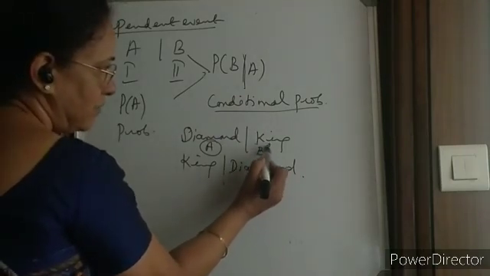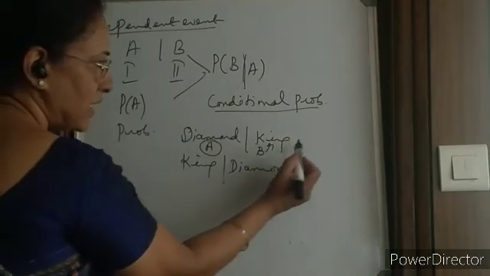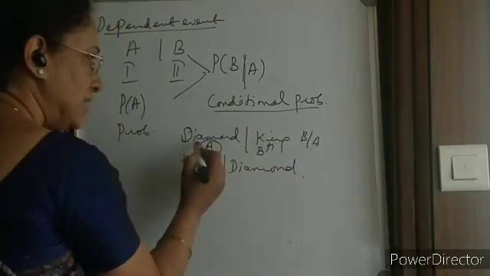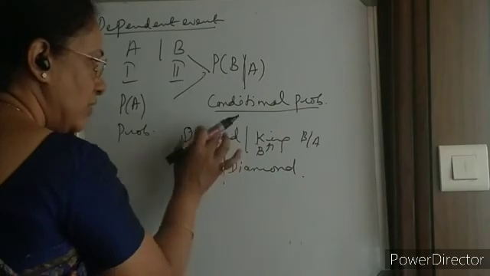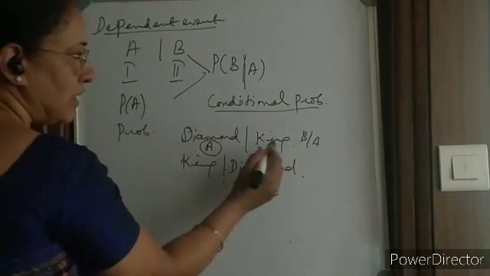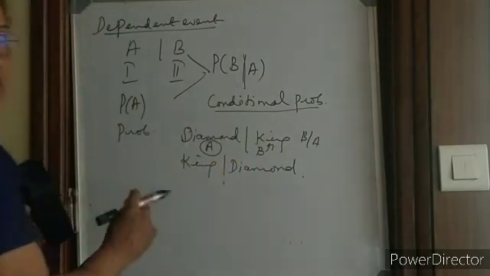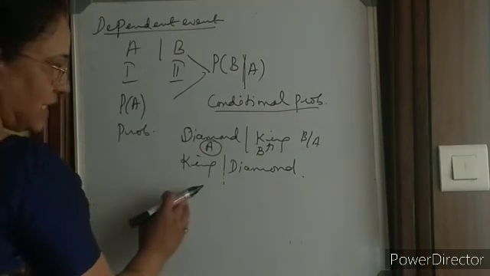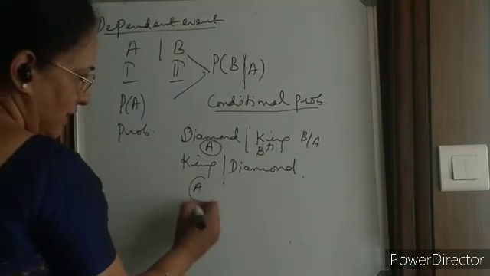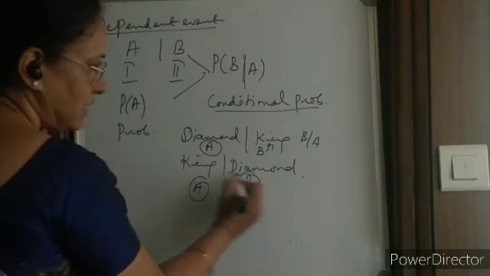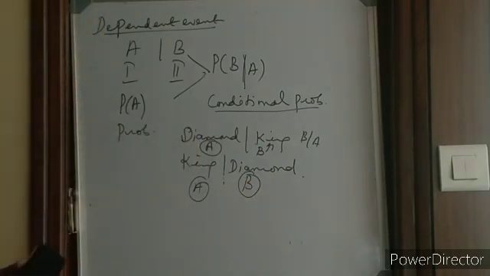This will be your event B, so this becomes B given A. Why? Because you can draw the king card only from the diamond. So the diamond cards are the first event, and the second event is the king card. The king will occur only from the diamond, under the condition that the king card is also a diamond card. The other way also you can take. First you draw all the king cards, and after that you draw a diamond card.